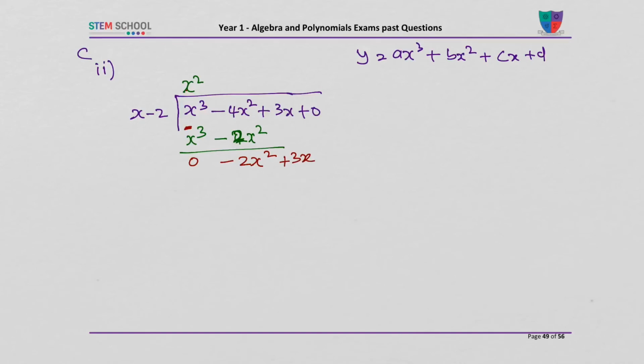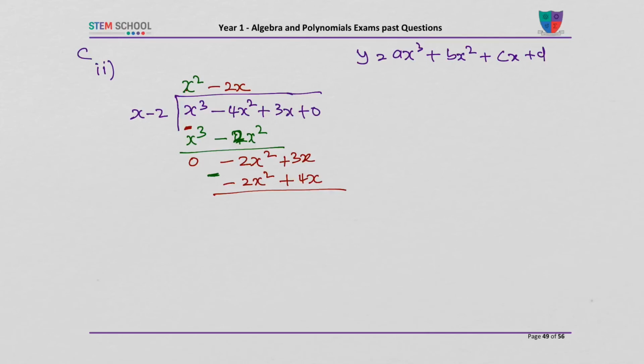What can I multiply x by to get minus 2x squared? That would be minus 2x. Minus 2x times x is minus 2x squared. Minus 2x times minus 2 is plus 4x. Draw a line. Take away.